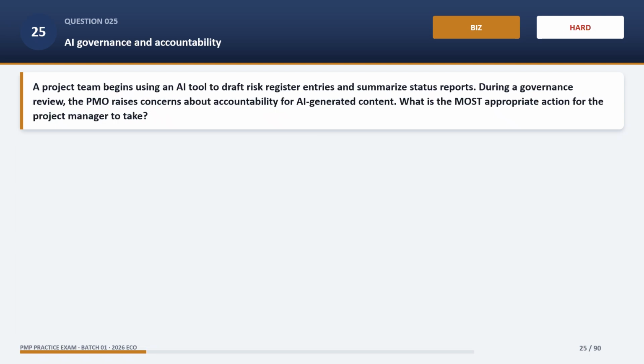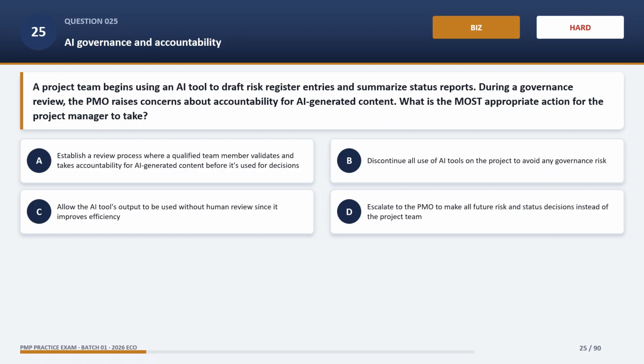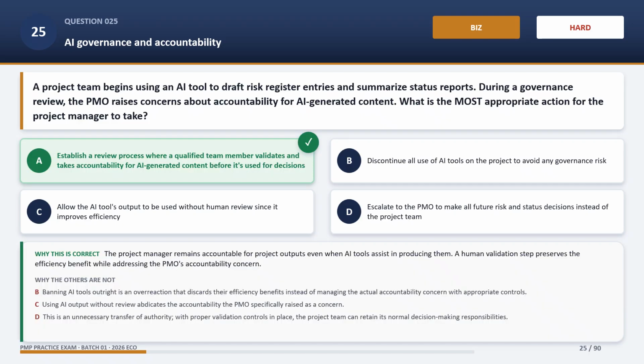Question 25. A project team begins using an AI tool to draft risk register entries and summarize status reports. During a governance review, the PMO raises concerns about accountability for AI-generated content. What is the most appropriate action for the project manager to take?